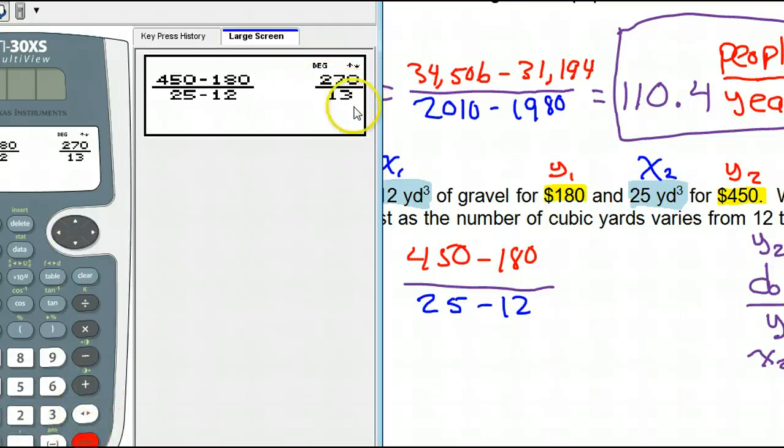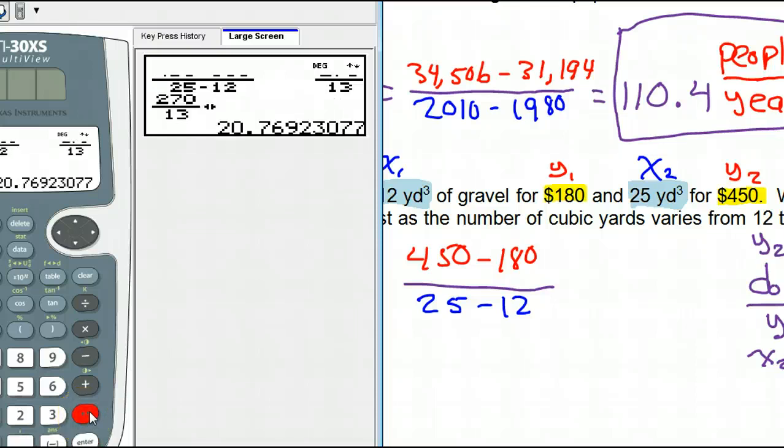Okay, we definitely do not want this fraction. For a word problem, use decimals. So hit your toggle key, and you get this. Let's round it to the nearest tenth, one decimal place. So 20.8.